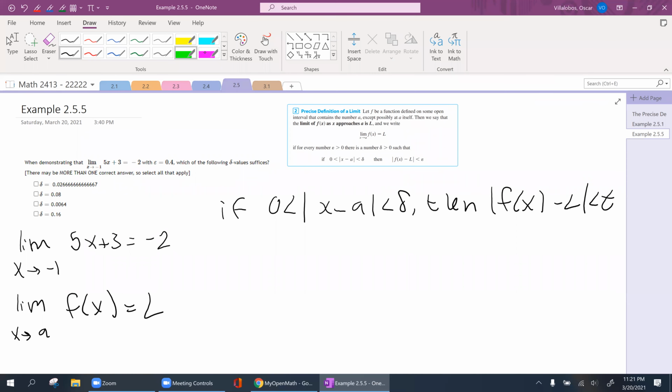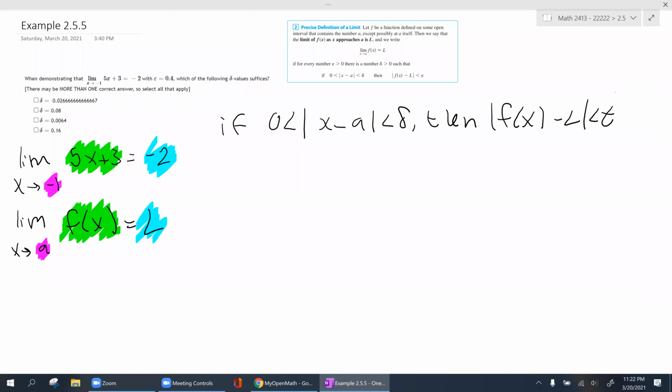We said we were going to locate my a, which is -1, my function, which is 5x plus 3, and the limit, which is -2. And I'm going to plug that in.